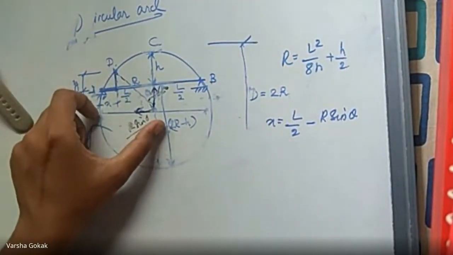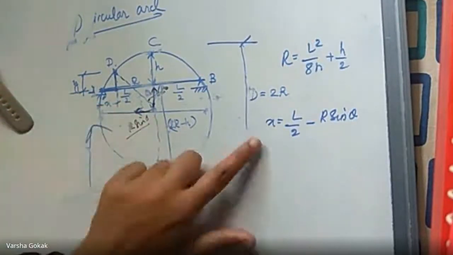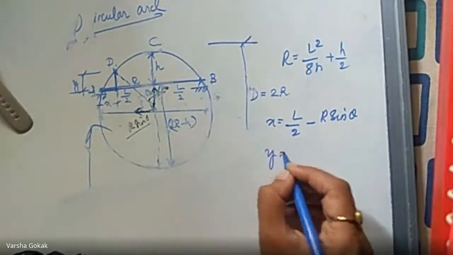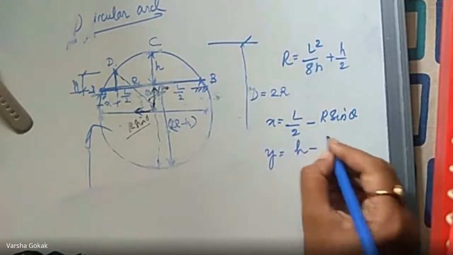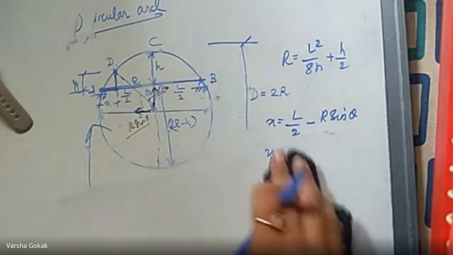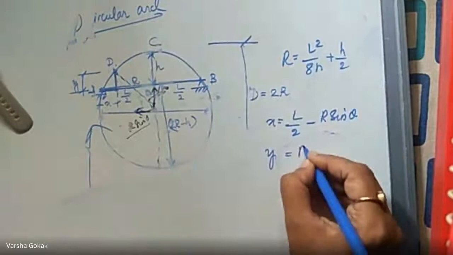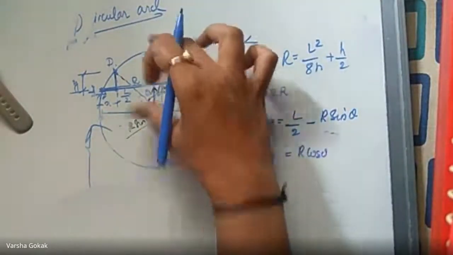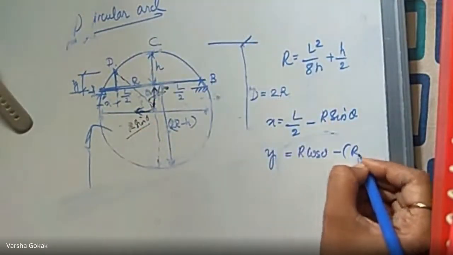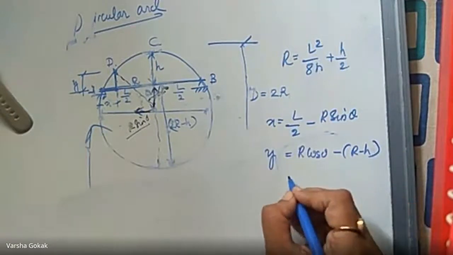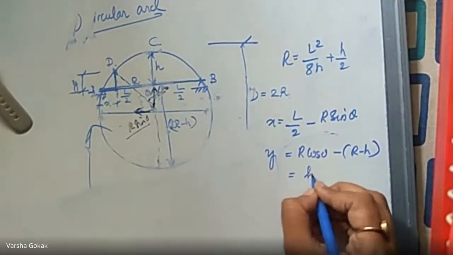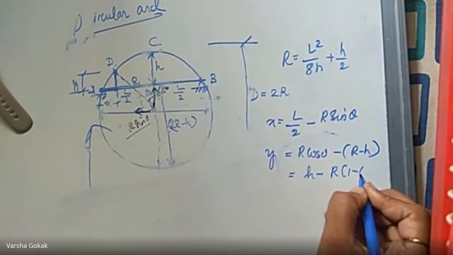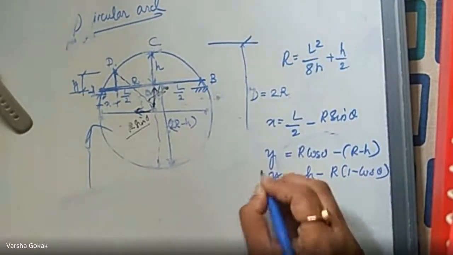So L by 2 minus R sin theta is your X. Similarly, Y would be, sorry, not H minus, total, that is R cos theta minus (R minus H). If I open these brackets, I will have H minus R into (1 minus cos theta). This is Y. X and Y.